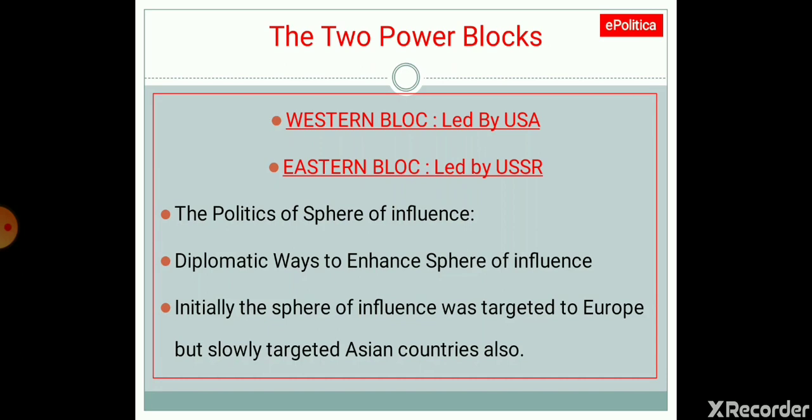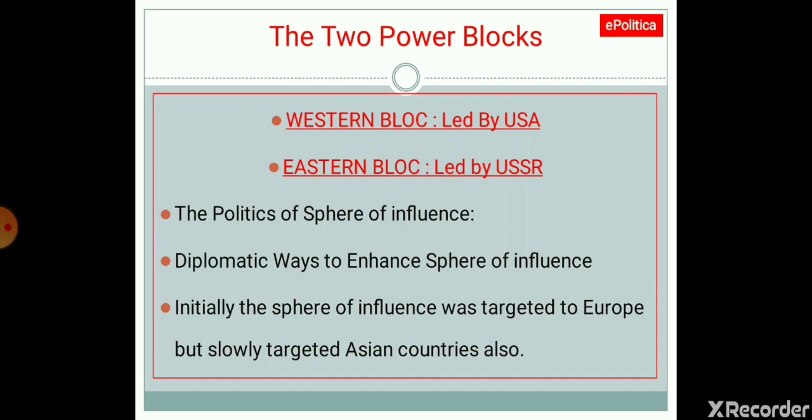Now it is noticed that the superpowers, especially the United States of America and USSR, had adopted many diplomatic ways to enhance this sphere of influence. For example, here we can give the example of the former president of the United States of America, Truman, who came up with a policy called Truman Doctrine.